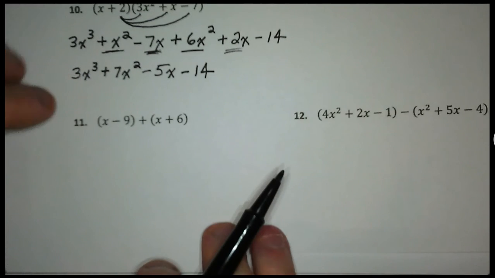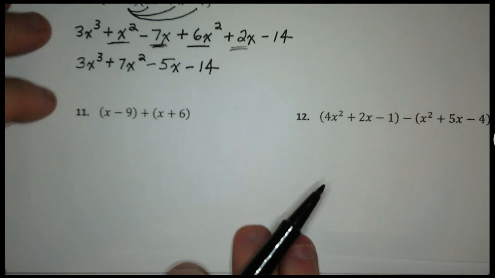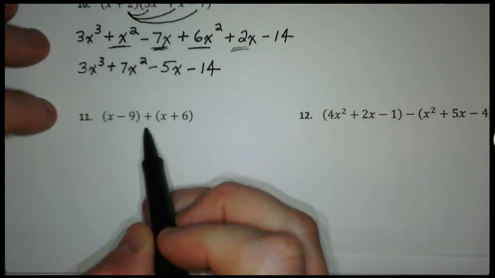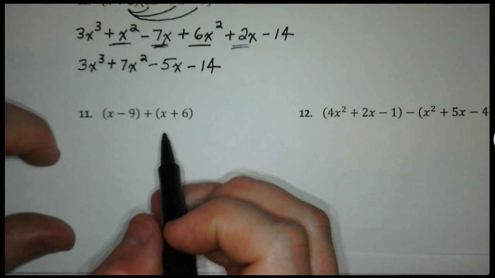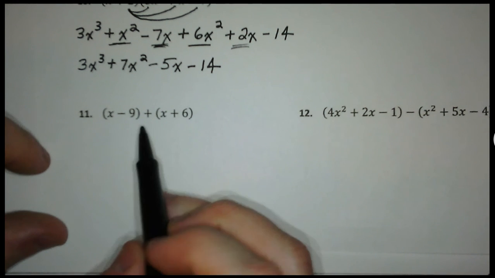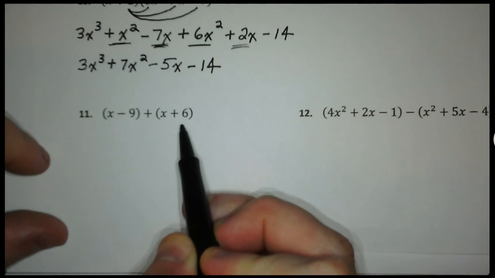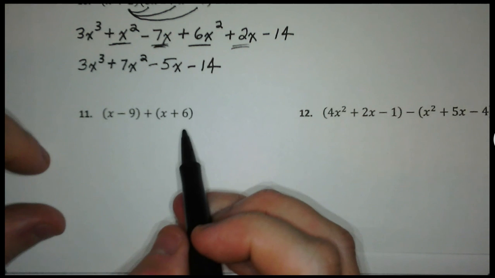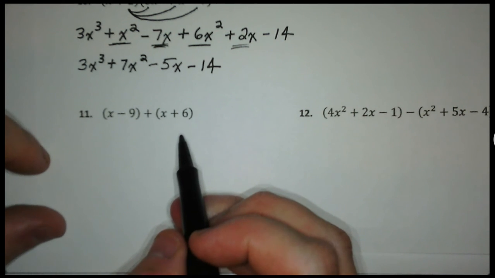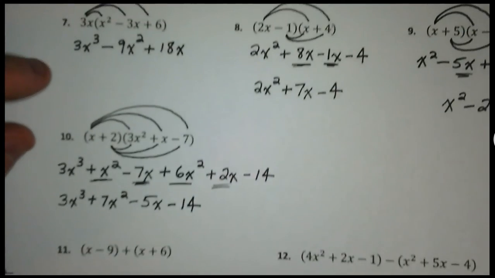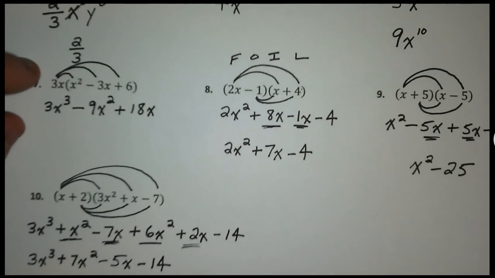Slightly changing gears, I guess, for number 11 and number 12. Here, I just want you to notice that this is not bubble times bubble. These bubbles are not being multiplied together. So don't do what you did in number 8.